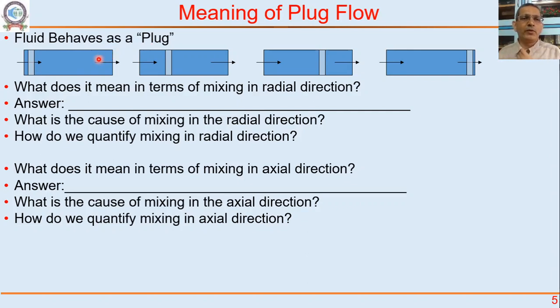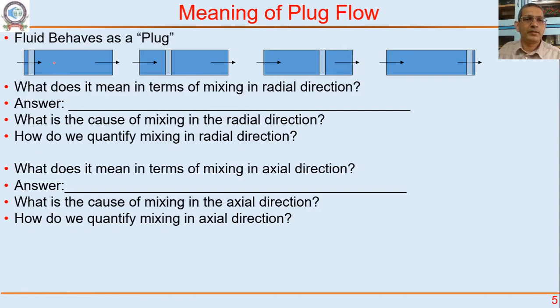Couple of questions I want you to think about. One is, what does it mean in terms of mixing in the radial direction? Now recall that this is a pipe. This is a pipe.